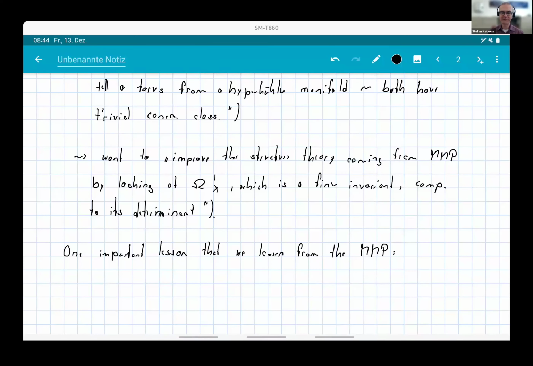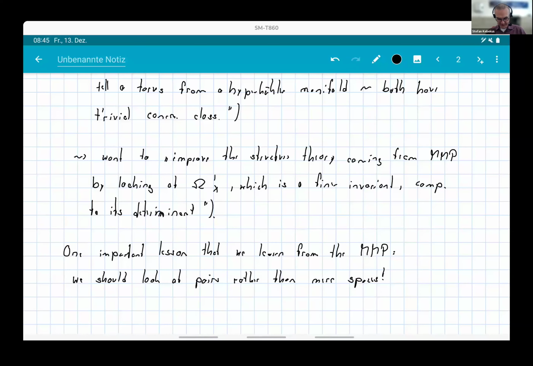Already the first and maybe most basic result of minimal model theory, where it all starts, the Kawamata-Viehweg vanishing result, tells us that we should look at pairs rather than mere spaces.